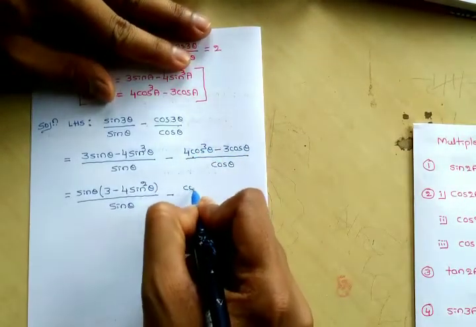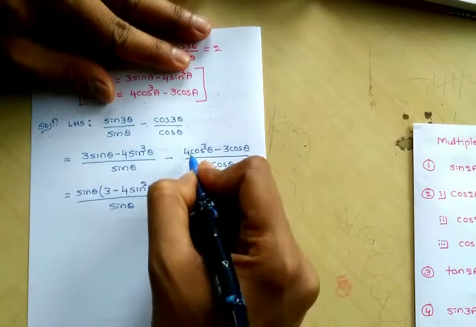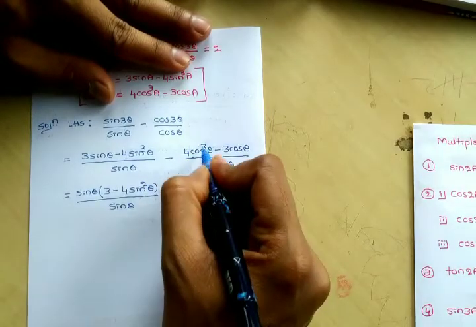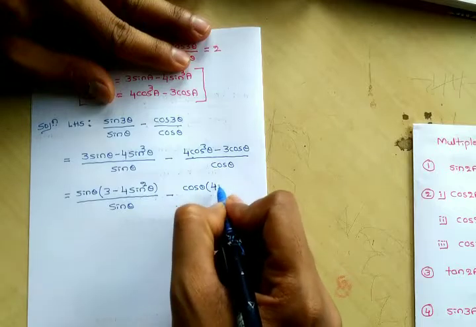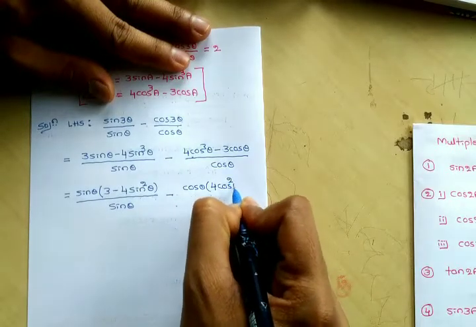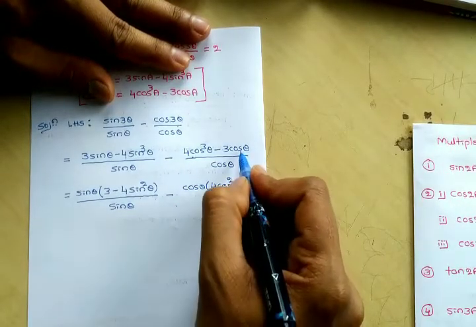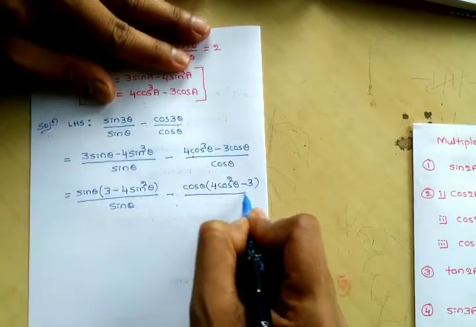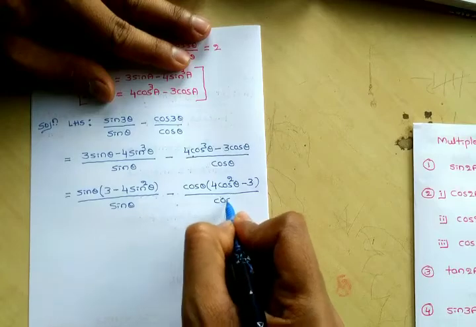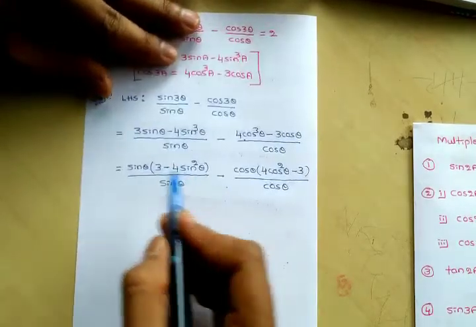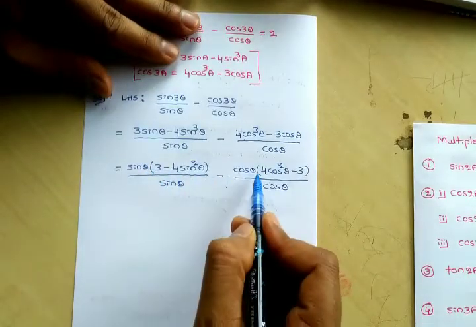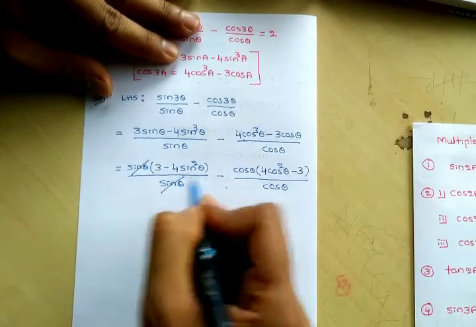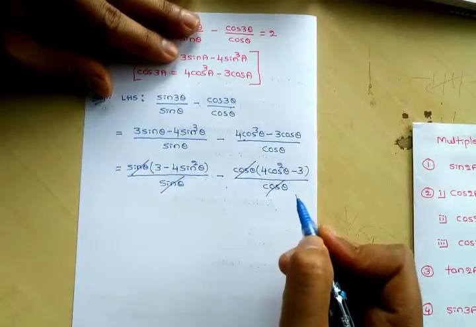Here I am going to take cos theta outside. Remaining value is 4 cos square theta minus 3, divided by the denominator cos theta. Now because of this multiplication sign, you can cancel sin theta with sin theta, and cos theta with cos theta.